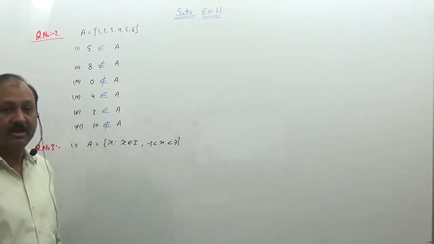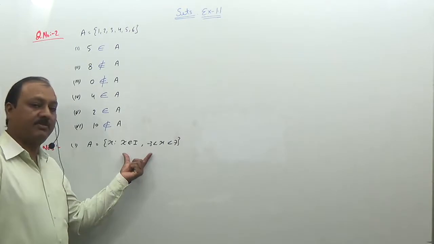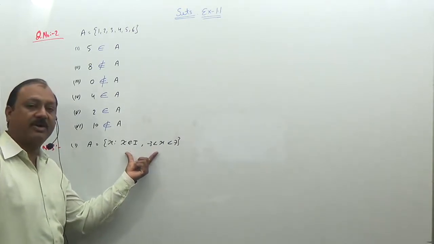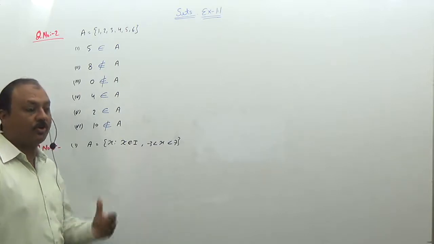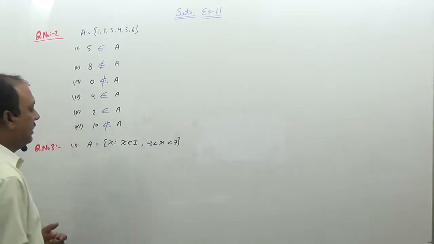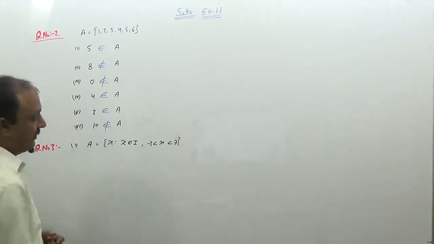So this is a set in the set builder form. We want to write this set in the roster form, which is the form in which we write each element of the set separately.